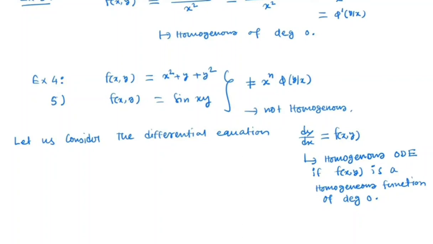So dy/dx is equal to f(x,y), we call it a homogeneous ODE if this f(x,y) is a homogeneous function of degree 0.